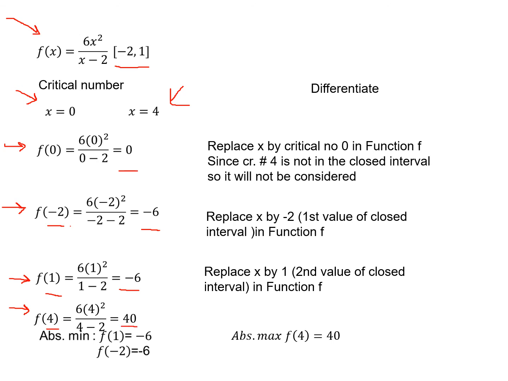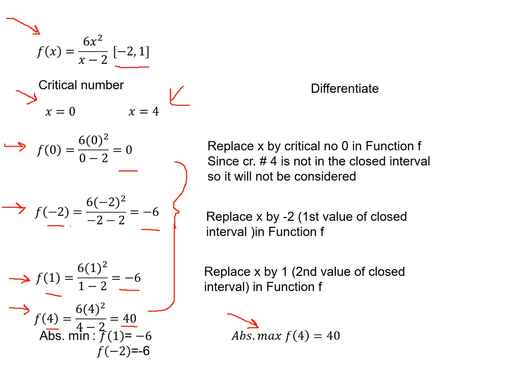So on comparing these four numbers with each other, you can see that at f of 4, meaning at x equal to 4, the y value is 40. So this is the highest value among all these numbers.